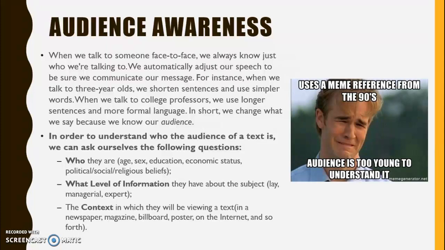If it's an ad placed on a billboard going over a bridge and is advertising boats, you might find an audience that has enough money to own a car, so they might also have enough money to own a boat. They're driving, so they feel comfortable working with heavy machinery like cars and boats. So it can tell us a lot about a particular audience when we look at the context in which the ad is found.